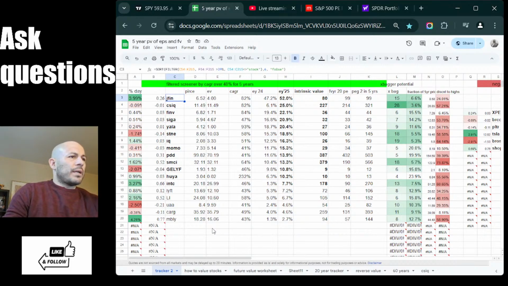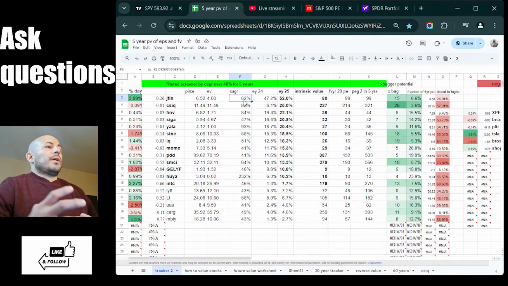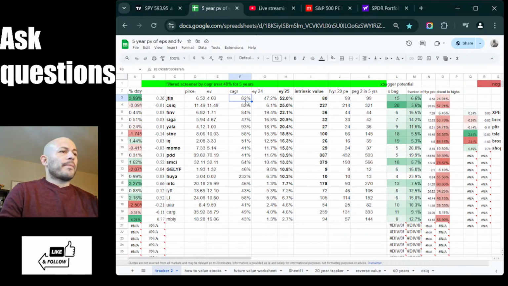17 stocks. I might not choose them all, but what I look at is price, enterprise value, which factors out the debt. I figure out some formula for potential earnings or potential return. I look at the earnings yield, which is their earnings divided by price, for next year and this year.